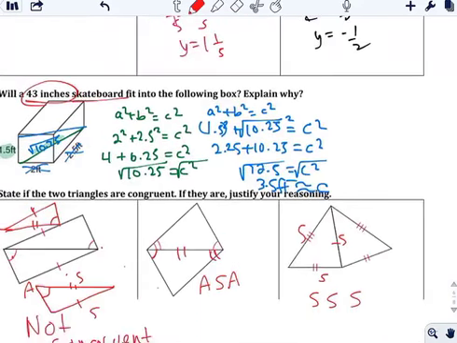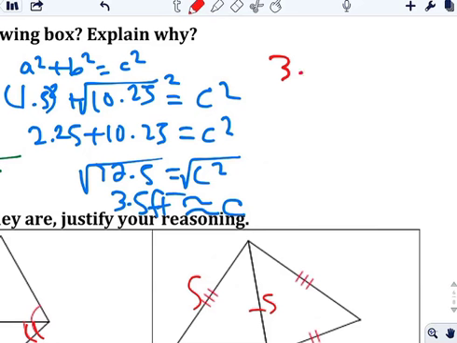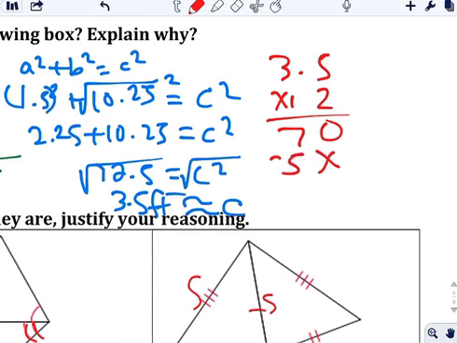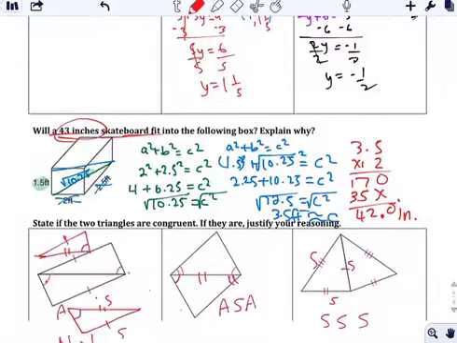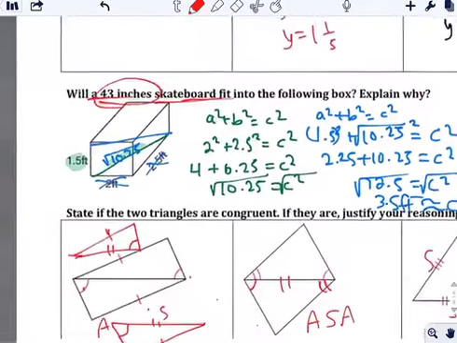So let's turn this into inches. 3.5 times 12. That's 42. The box can fit up to 42 inches, and the bat is 43. So the bat will not fit into the box. That's what you need to write.